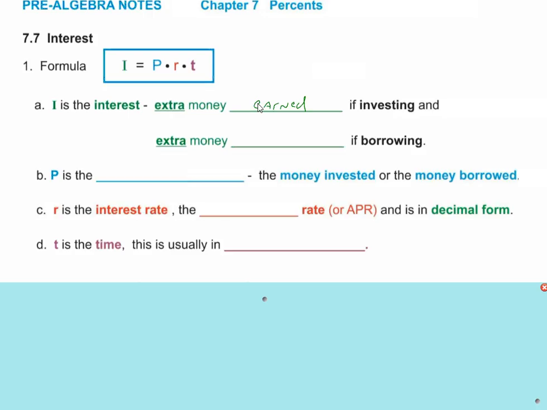And in about another 7 or 8 years, if you kept it, it would double to $100. And in about another 7 or 8 years, if you kept it still, it would double to $200, etc. That's extra money earned off the original $25. Interest is the extra amount you earn, all right, when investing.